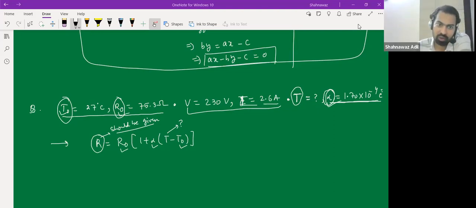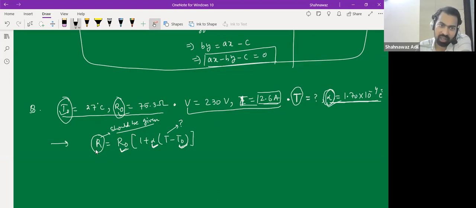So I was talking about how the initial resistance is given, the initial temperature is given, and the temperature coefficient of resistivity is given, right? And they are asking about the temperature after it has achieved this current.